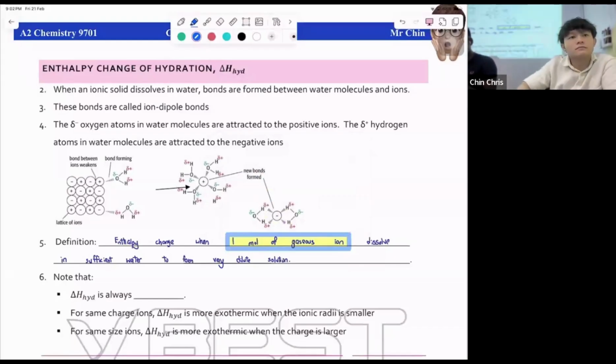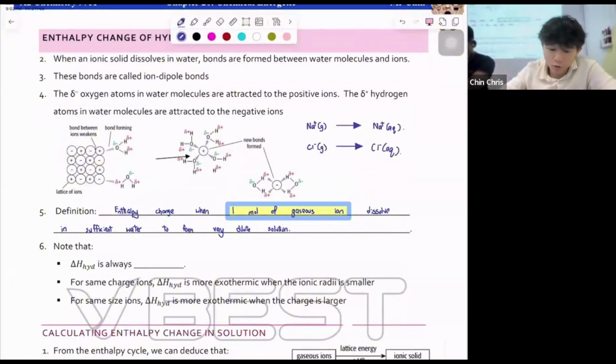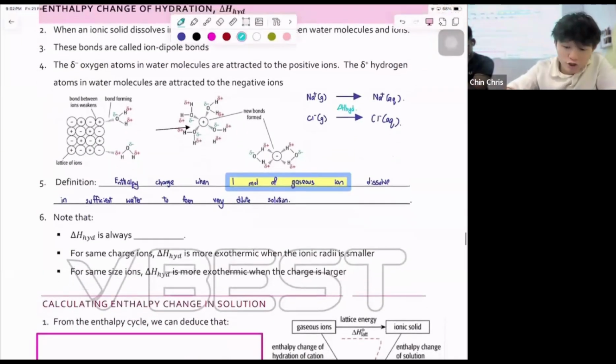Example: Na+ gas turns into Na+ aqueous. Cl- gas turns into Cl- aqueous. Things like that. So these are delta H hydration. And guys, delta H hydration is always exothermic.